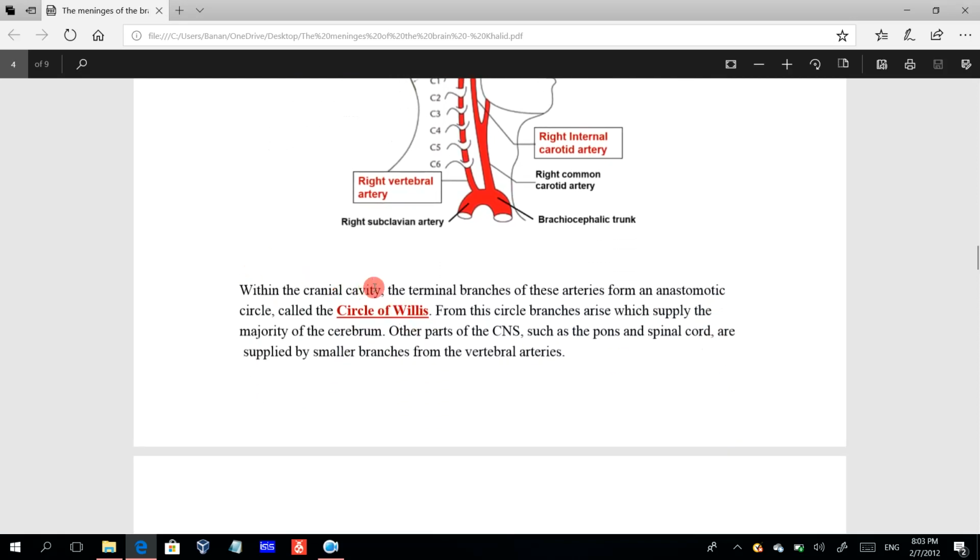Within the cranial cavity, the terminal branches of these arteries form an anastomotic circle.